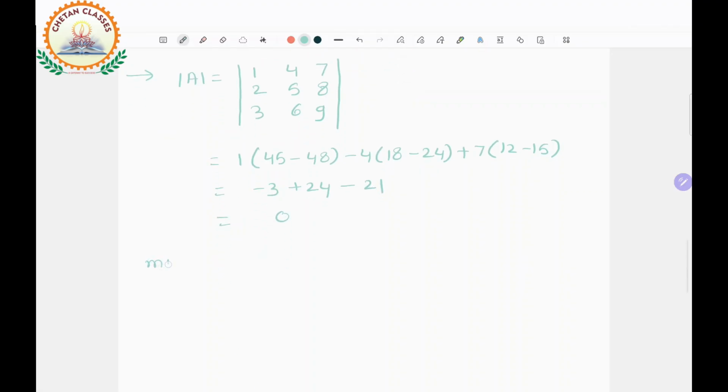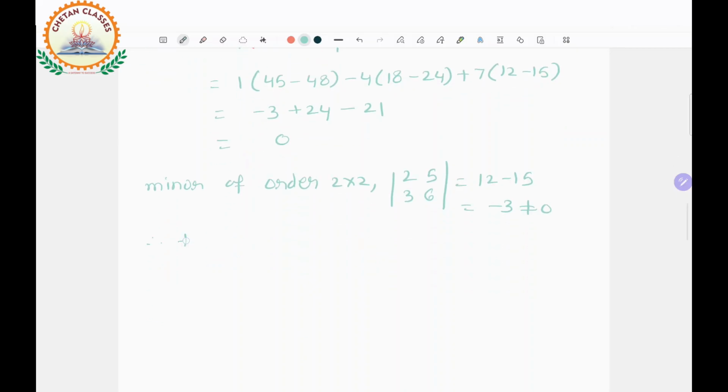Now find minors. So minor of order 2 cross 2. Here we find this minor, 2, 5, 3, 6, which is 12 minus 15 is equal to minus 3, which is not equal to 0.